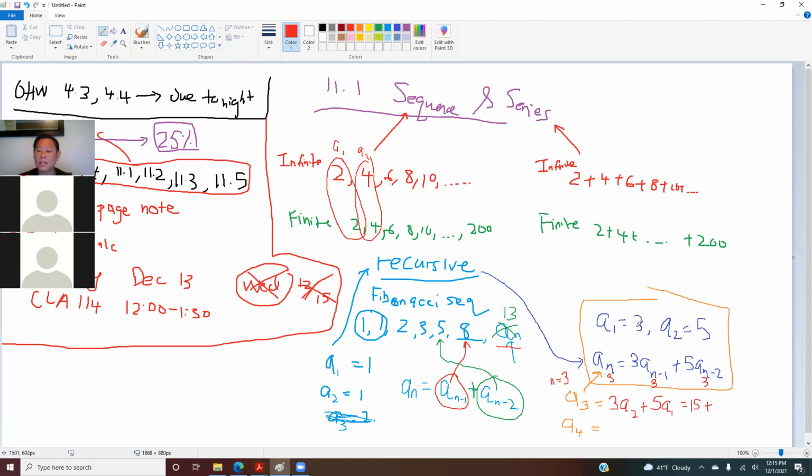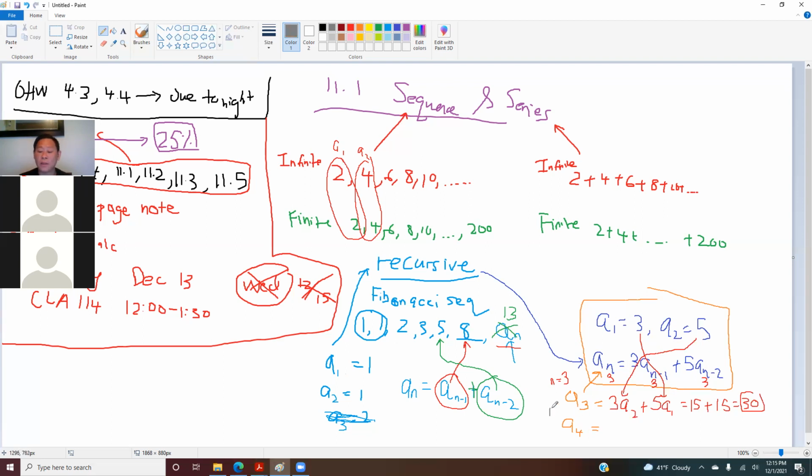Plus A1 in this case is 3. So 5 times 3 is 15. So in this case, your answer will be 30. Okay, so because we know A1 and A3, we can plug this into your formula or your sequence.